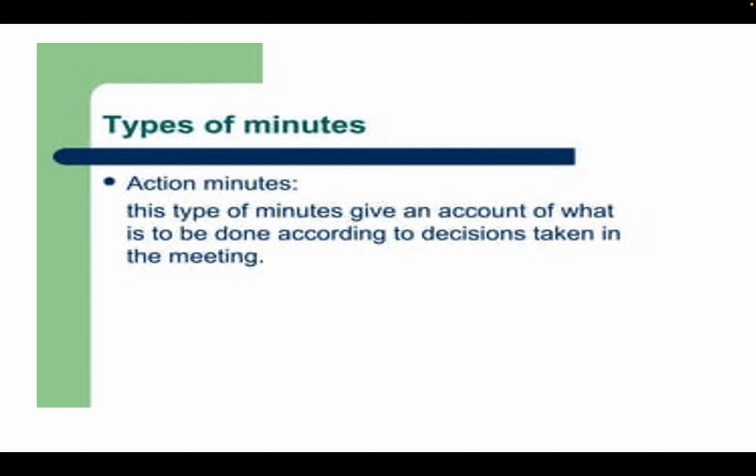Like, you're doing your final mini project review. You have to give the date, and in action minutes you have to give the date when it was decided to complete the project, and again write who will prepare what.